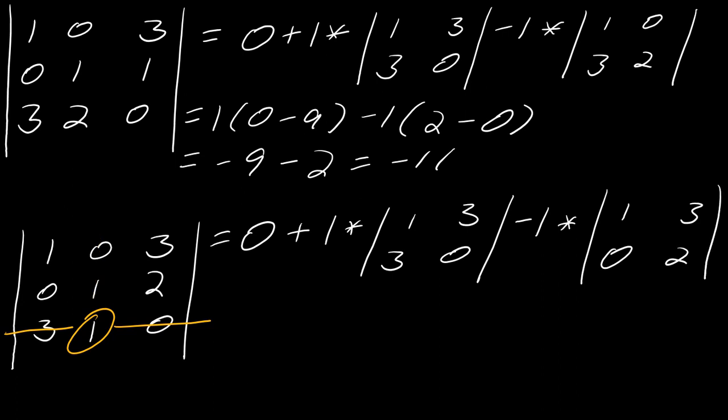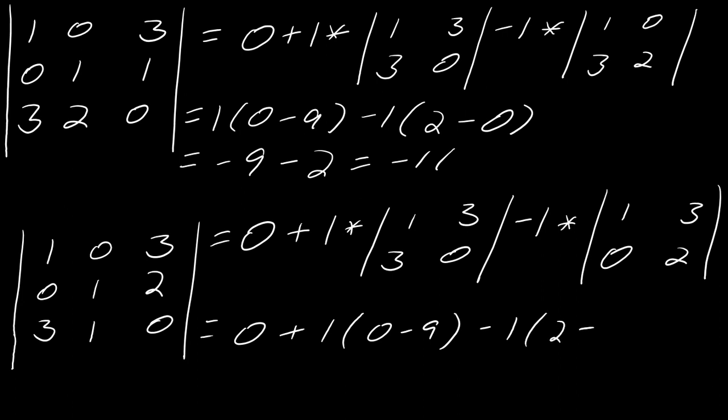If I go through and calculate all of this, what am I left with? This is going to be 0 plus 1 times 0 minus 9, minus 1 times 2 minus 0. Check it out. This is negative 9 minus 2, which still equals negative 11.